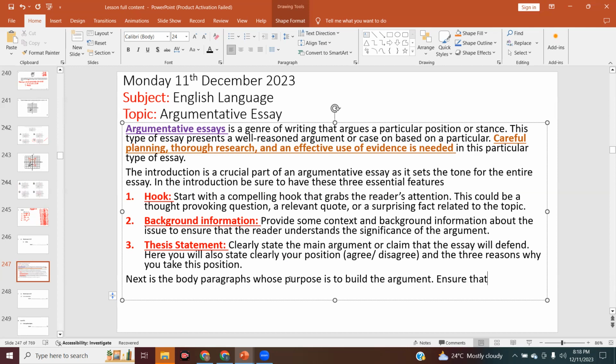Make sure that these have a topic sentence and are filled with evidence and examples to support your claim or your position.